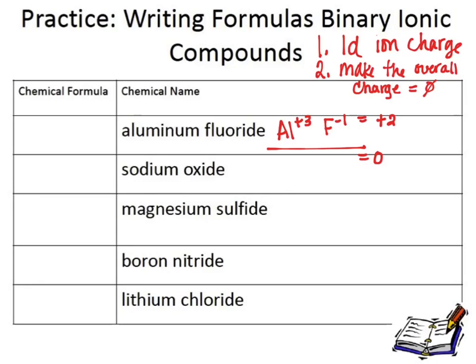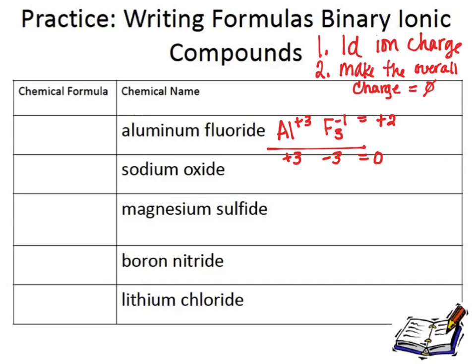Add 2 more F's. Okay, so if we add 2 more F's, we can take the -1 and multiply it by what to get to 3? We're going to multiply it by 3. 3 times -1 is what? A -3.